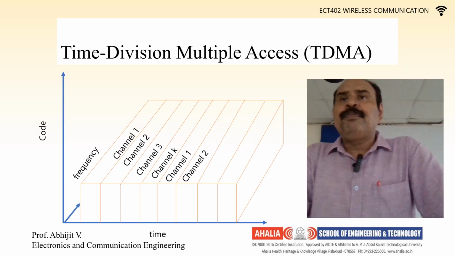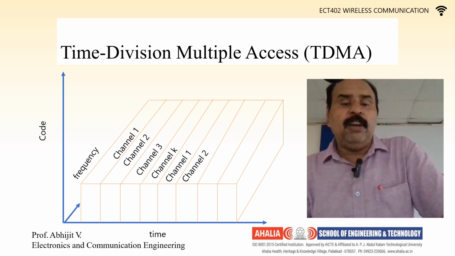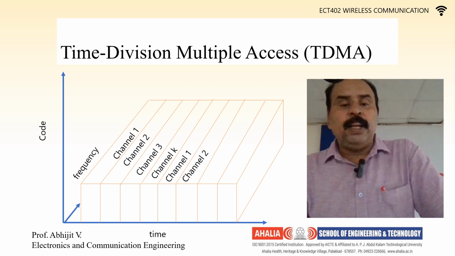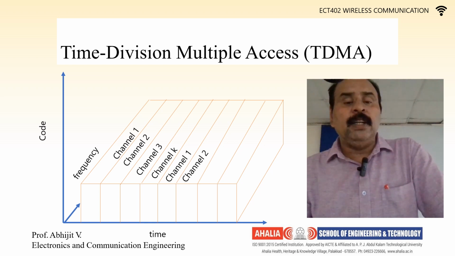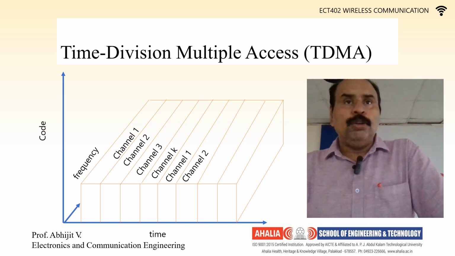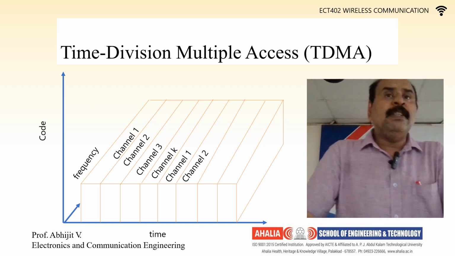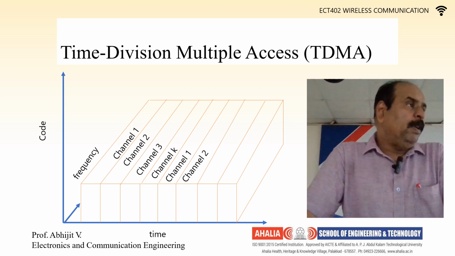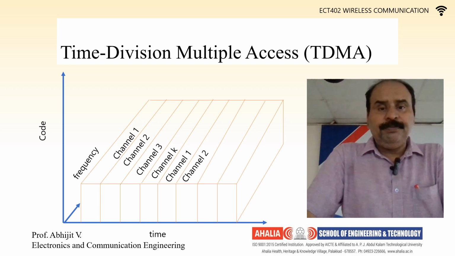So this is a graphical representation where we have multiple channels. Say the time slot is divided for each channel: channel 1, channel 2, channel 3, channel K, and then again channel 1 is repeated, channel 2 is repeated, and so on. So we have time division multiple access.